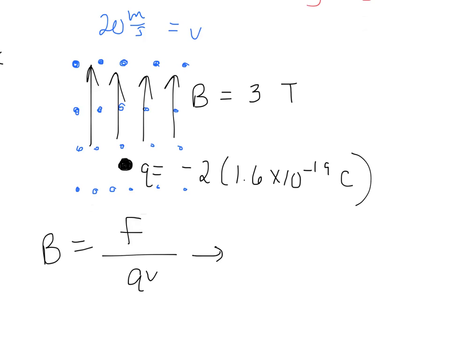This formula could be solved for force as BQV. And you have all those values. They're right there on the table or on the diagram. All I'd have to do is multiply those 3 numbers and make the statement at the end that it's acting to the right. Okay, to the right.